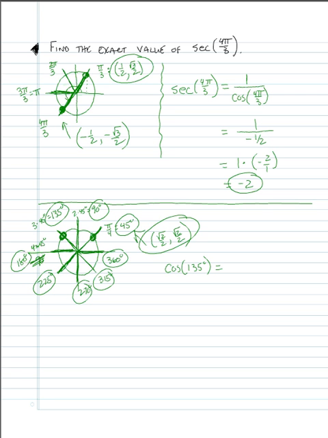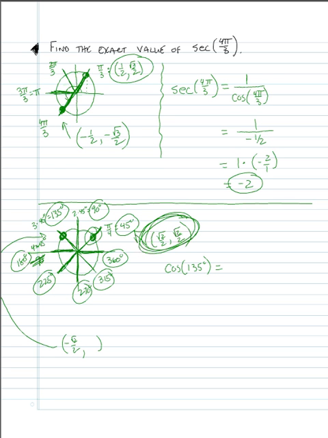And the coordinates are the same values, but maybe with different signs. And we say, oh, well, the cosine is the first coordinate of that point. And we can see that that point has a first coordinate that is opposite of the one that we have here, opposite of this point. So that's negative square root of 2 over 2.